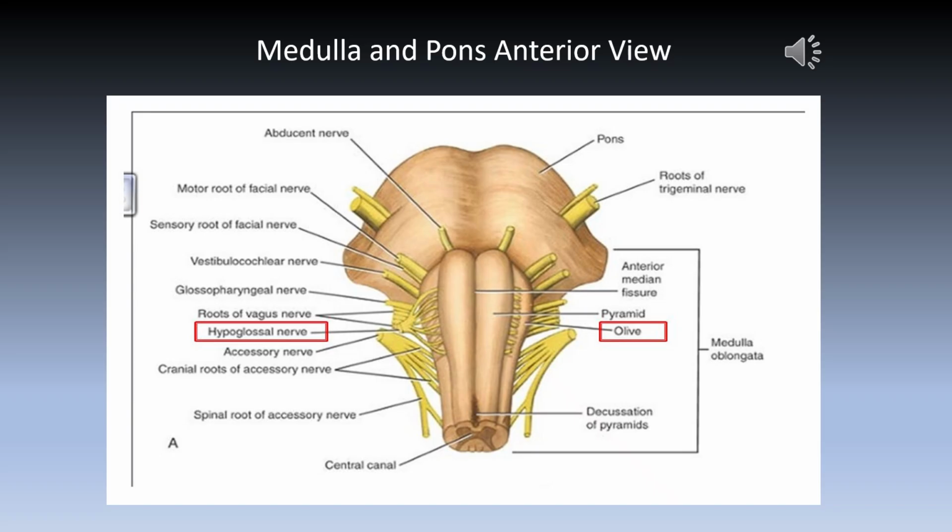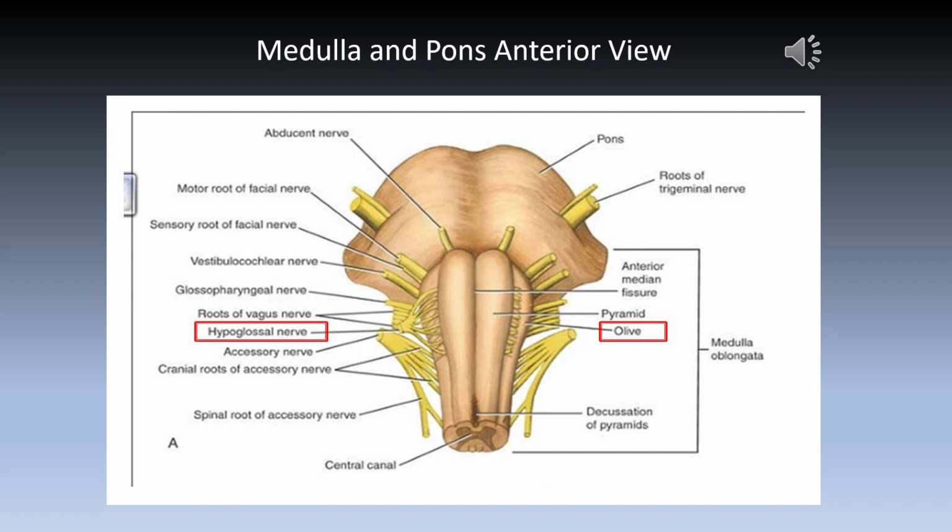Now we do have the nuclei of 4 cranial nerves in the medulla. They are 9, 10, 11, and 12. So cranial nerve number 9 is glossopharyngeal. Its nucleus is located in the medulla. Cranial nerve number 10 is the vagus nerve, nucleus in the medulla.